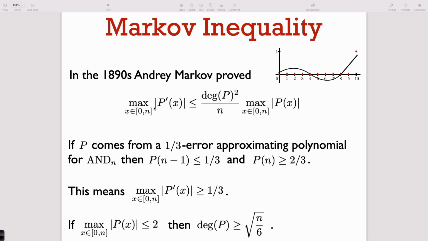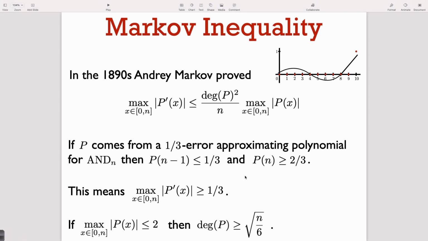And we know that the left-hand side is at least 1/3. So that tells us that the degree of p squared divided by n has to be at least 1/6. In other words, the degree of p has to be at least square root of n divided by 6. So that's the first case where we assume our polynomial is just fully bounded in the interval, and then we can just directly apply this result.